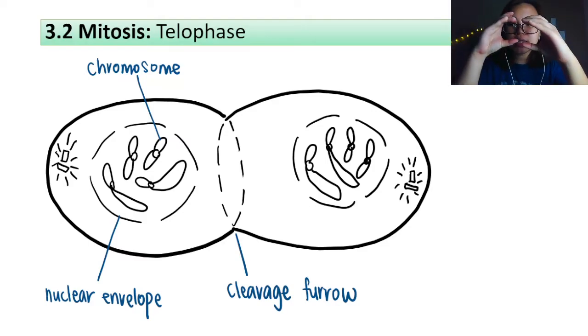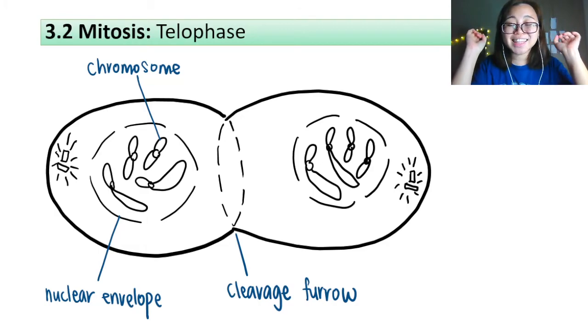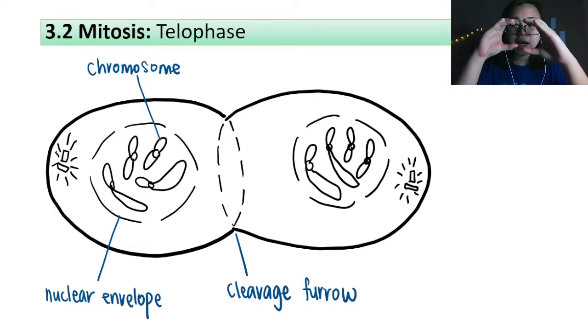So, di mana sel itu mula terbelah, we call that the cleavage furrow. Nanti kita akan cakap ini dalam cytokinesis, but basically it's going to go like this. Macam tu. So, tempat yang jurang itu terbentuk, tempat parit itu terbentuk, itu dipanggil sebagai cleavage furrow.